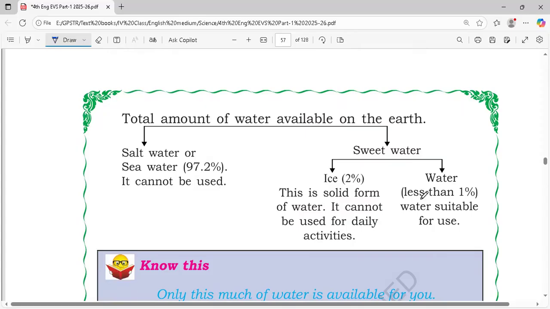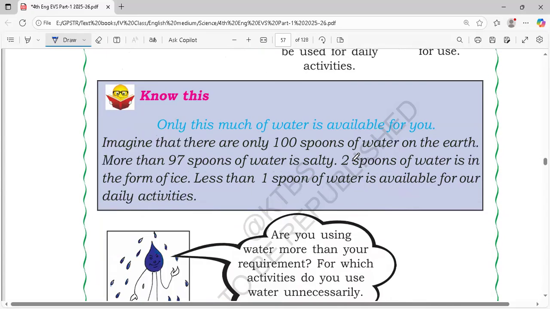It cannot be used. Fresh water is available only 3%. Of that, 2% is in the form of ice, which is a solid form of water. It cannot be used for daily activities. And only 1% or less than 1% water is suitable for use. That's why water is precious. Use it carefully, as I already told.